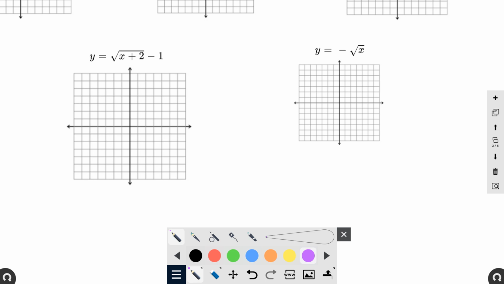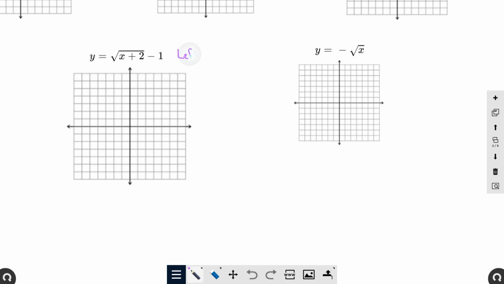So the plus 2 inside the square root tells us what? Left 2. What does this minus 1 tell us? Down 1.